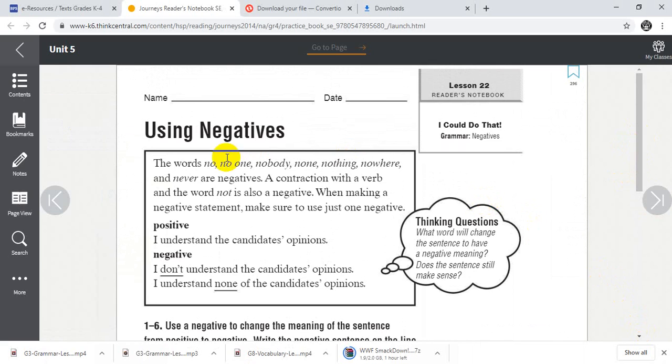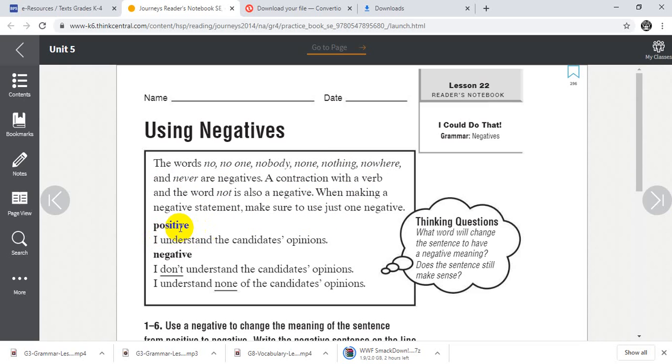The words no, no one, nobody, none, nothing, nowhere, and never are negatives. A contraction with a verb and the word not is also a negative. When making a negative statement, make sure to use just one negative. Do not use more than one negative in the same sentence, okay?